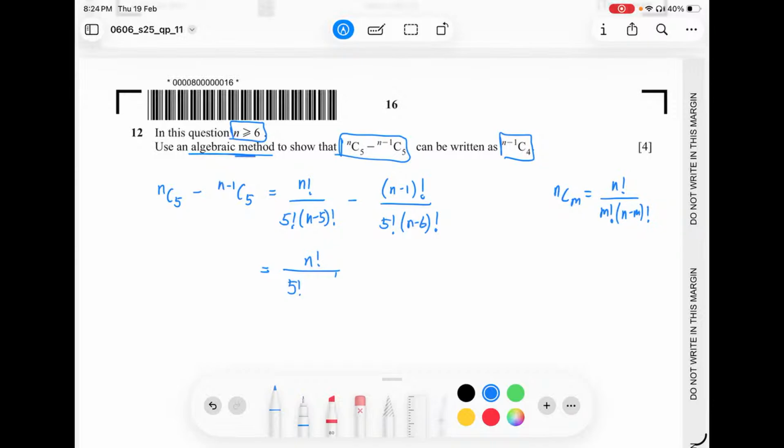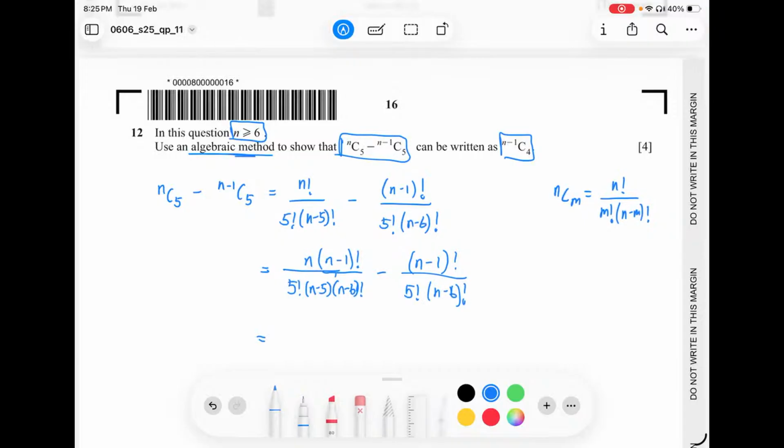So you need to separate some of the terms over here. You can write this as n minus 5, n minus 6 factorial. There are common terms over here which you need to derive before separating it. So then 5 factorial. Here you can write this as n times n minus 1 factorial, and then n minus 6 factorial.